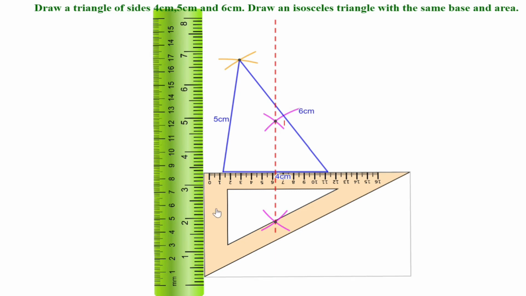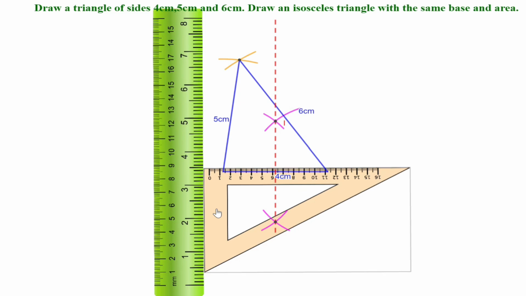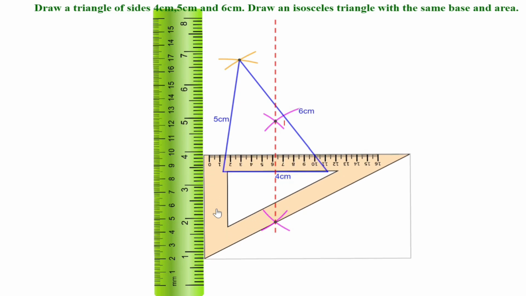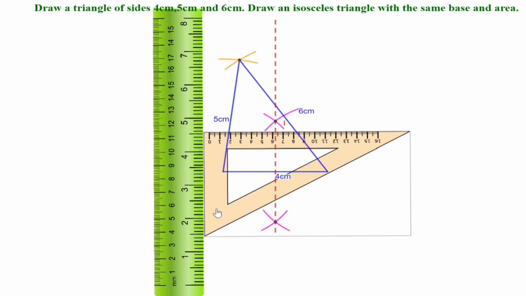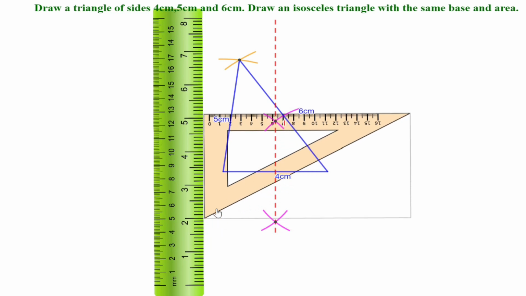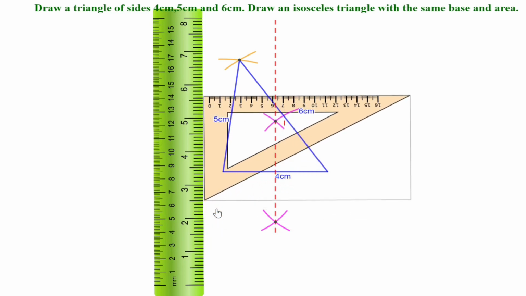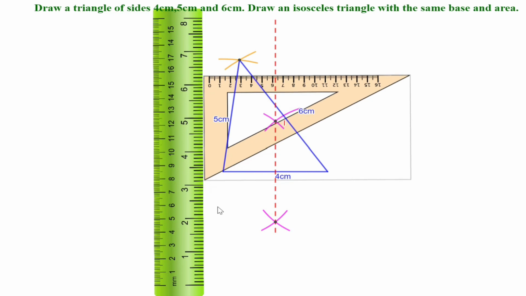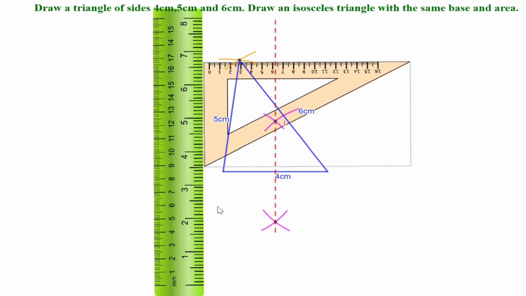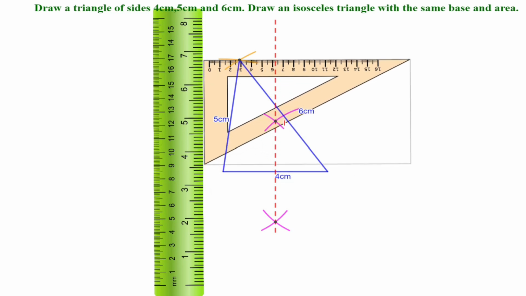Now hold the ruler firmly and slide the set square along the ruler like this. Slide it till it reaches the third vertex of the first triangle. Now draw a line through the point. So that is the line parallel to the base.